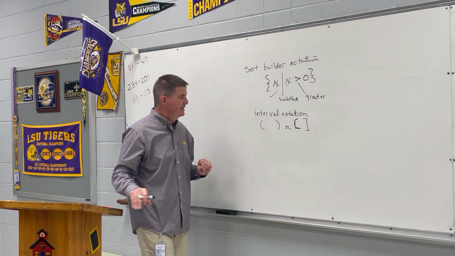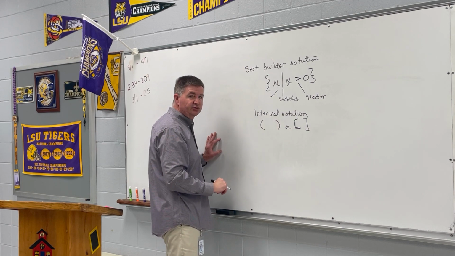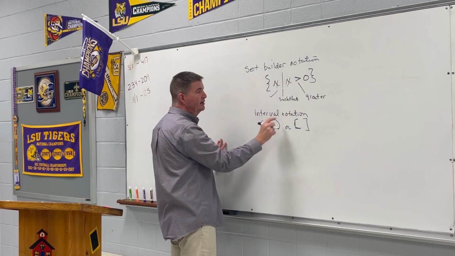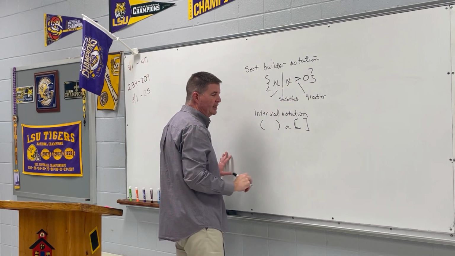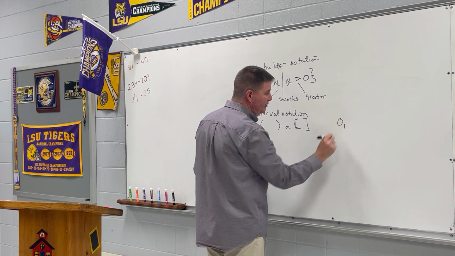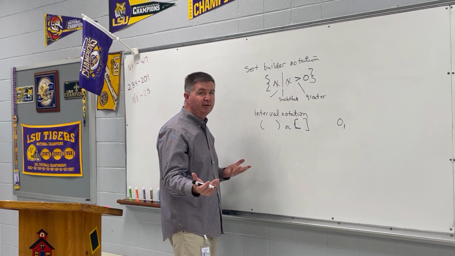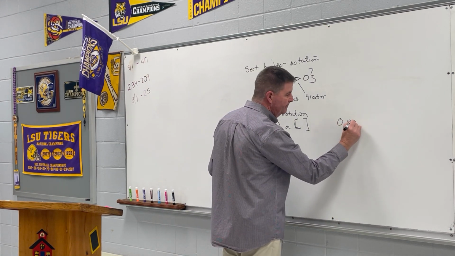With interval notation, they literally have the number you start at and the number you finish with. If I wanted to write this one here using interval notation, we know that it's got to be greater than 0. So I would write 0, and the number that we represent being greater than 0 would be all the way to as much as we can think of, which would be the infinity symbol.